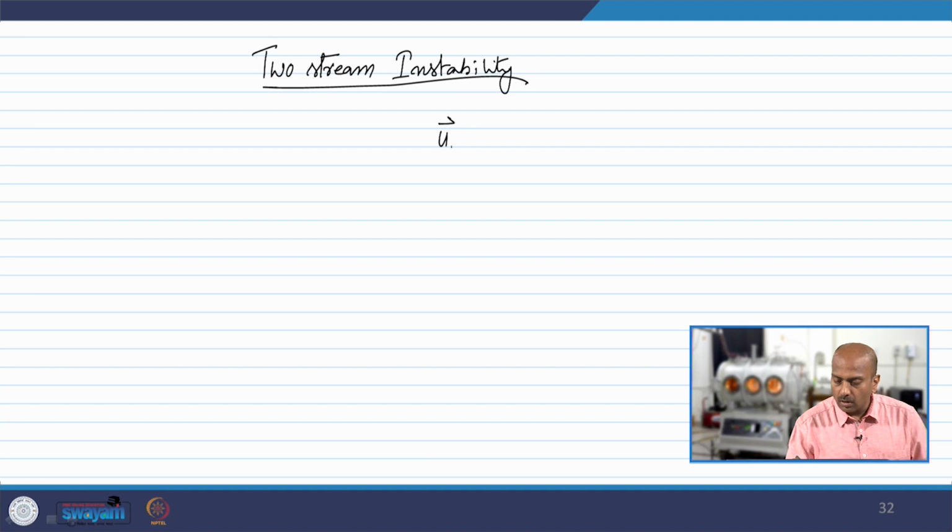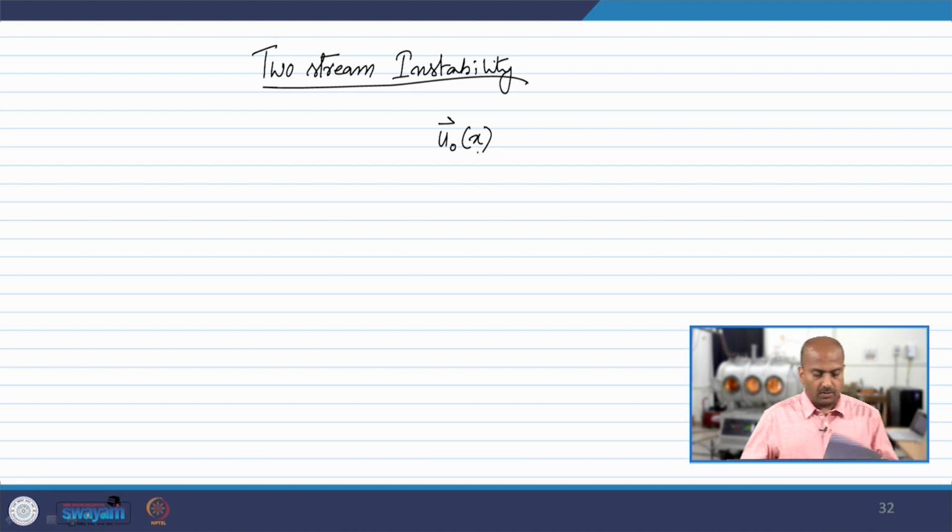We are talking about a situation in which they are drifting with respect to each other. Okay. So, for simplicity, what we will do is the electrons being lighter will be given a velocity u, let us say u naught, in the x direction to be simple, and we will assume that the ions being heavier are at rest. Okay. So, this is just an example.